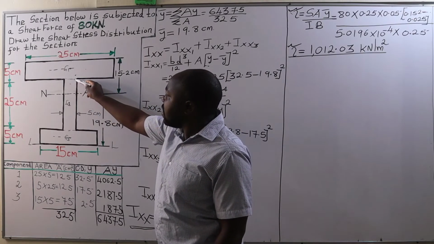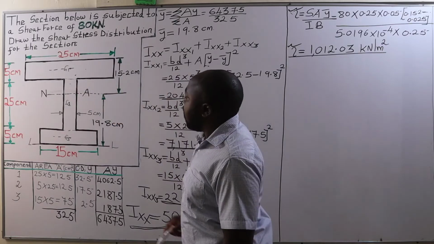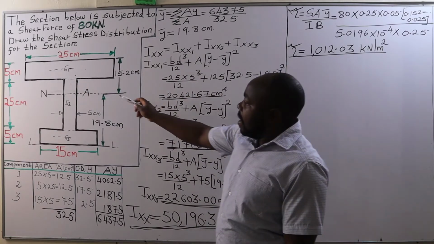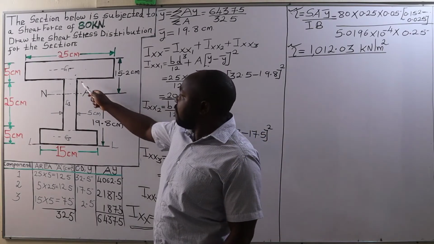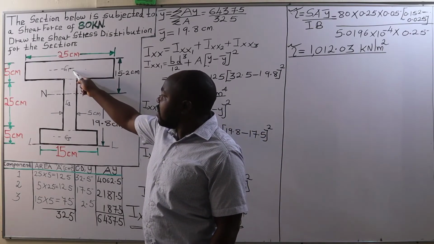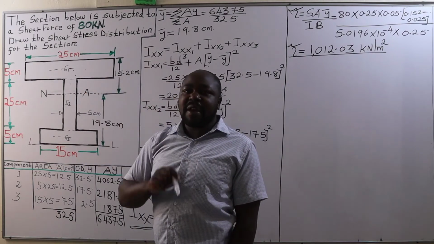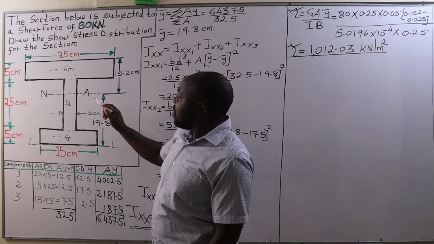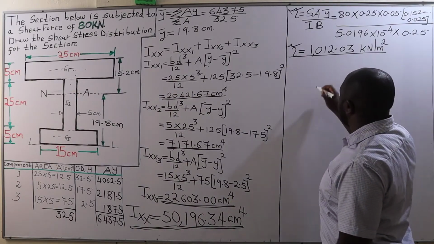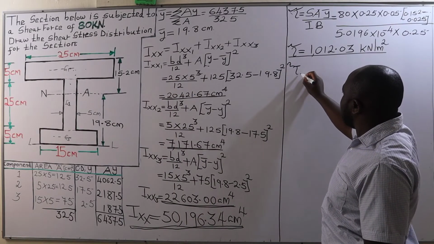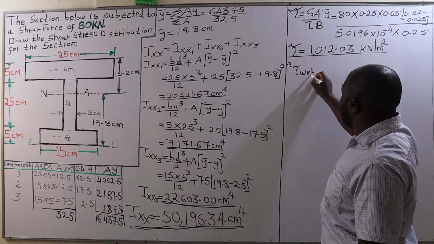Therefore, this is the shear stress at the junction just between the top flange and the web, this junction. Now, the shear stress at the junction of the web and the flange, that is shear stress in the web, just at the junction between the web and the top flange, is going to increase abruptly. Therefore, this is shear stress in the web.